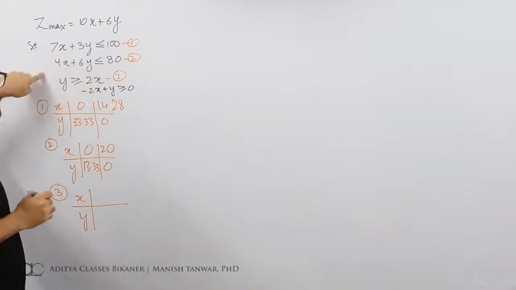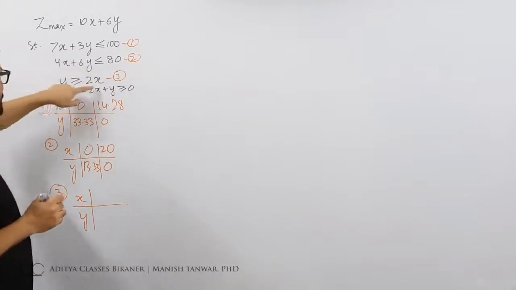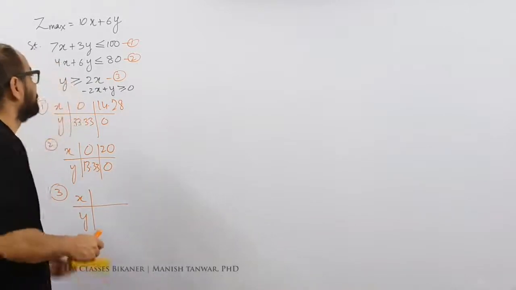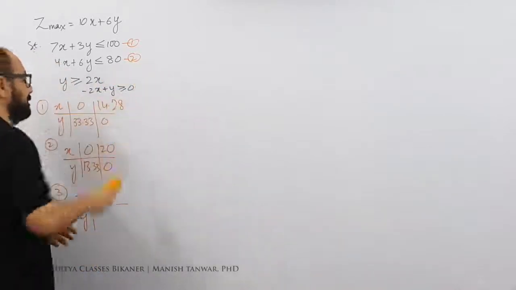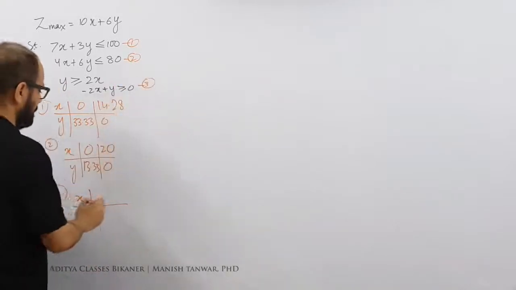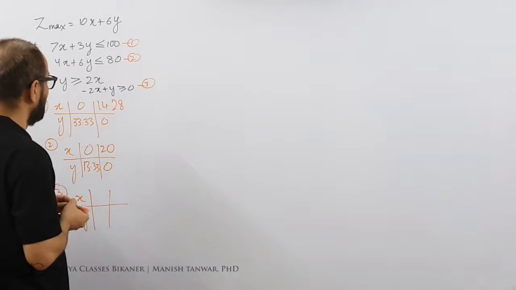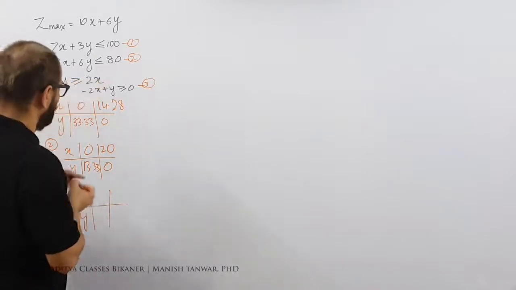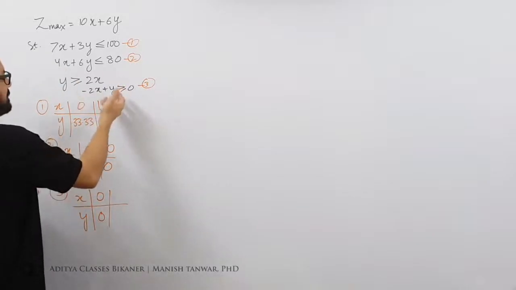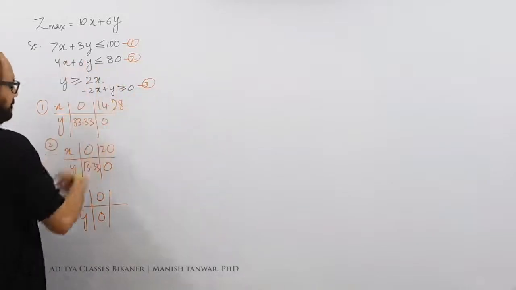I have brought this minus 2x over here. So this will be my third constraint instead of the previous one. How do we solve it? Make x as 0, y also comes down to 0. Put y as, let's say, 40.